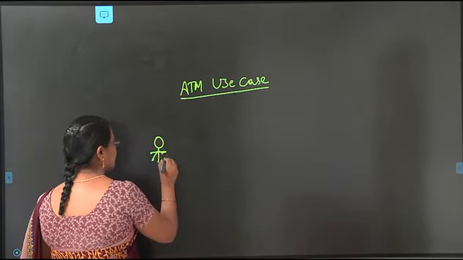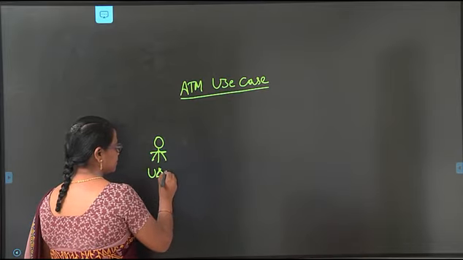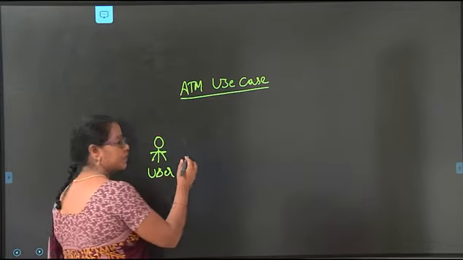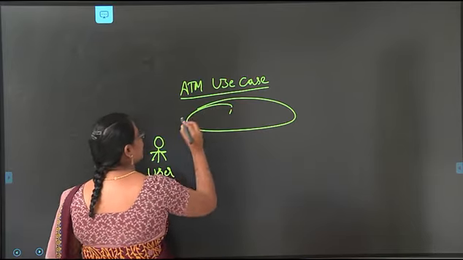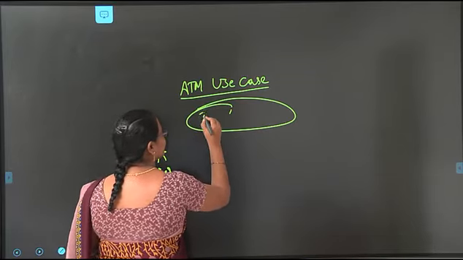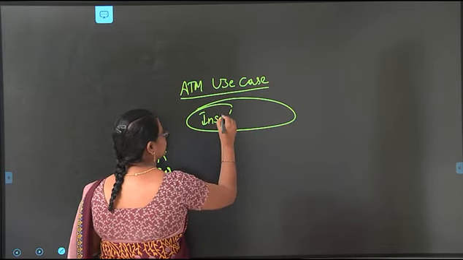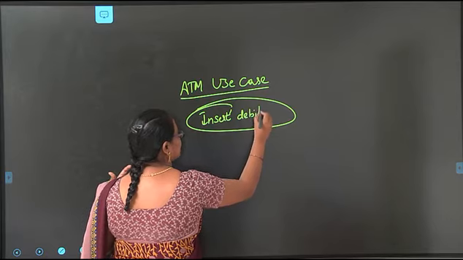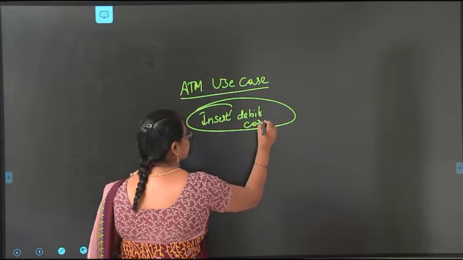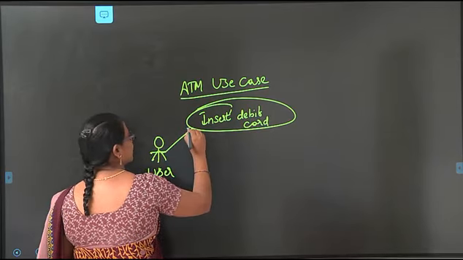Actor is nothing but some user. After going to the ATM, what do we do first? We insert the debit card, or whatever ATM card you have, into the ATM machine. This is represented with an arrow.